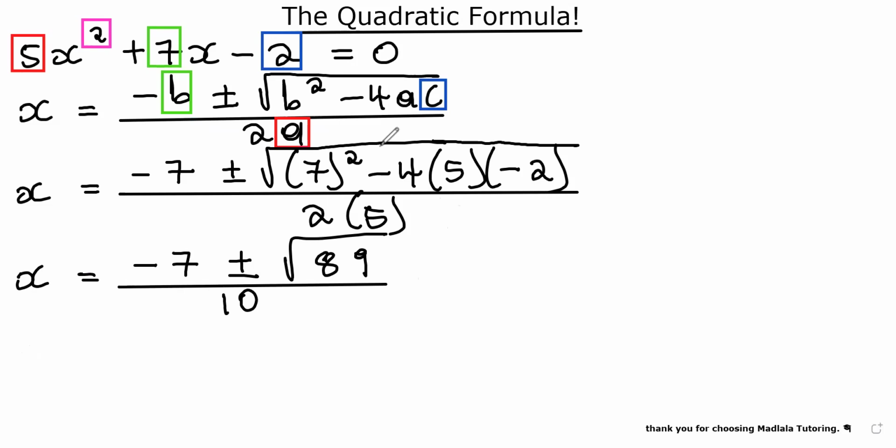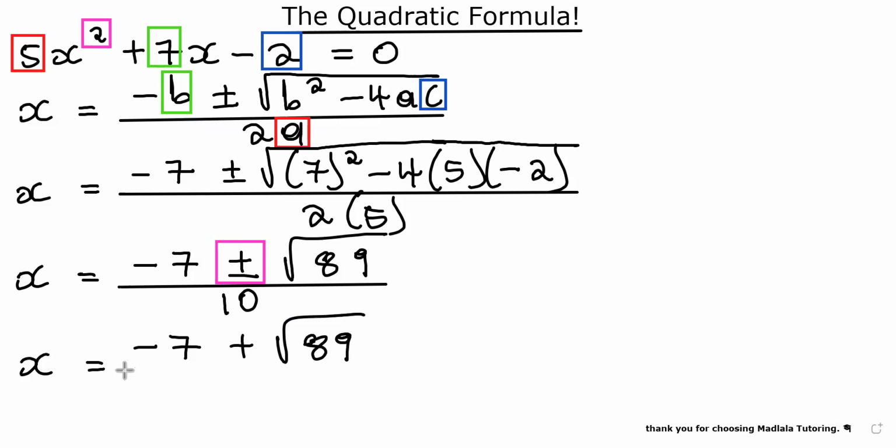Then from this point, due to this plus or minus, we understand that it's actually 2 solutions because a quadratic equation always has 2 solutions. So now it's time for us to separate the solutions. Well, the first solution is going to be negative 7 plus the square root of 89, divided by 10.